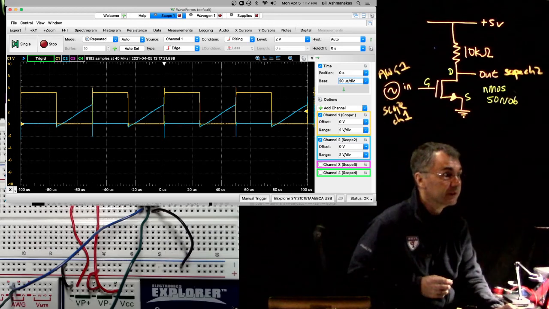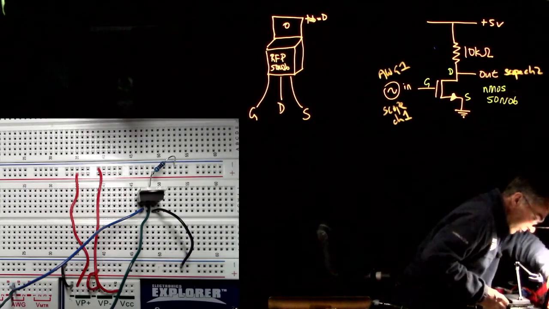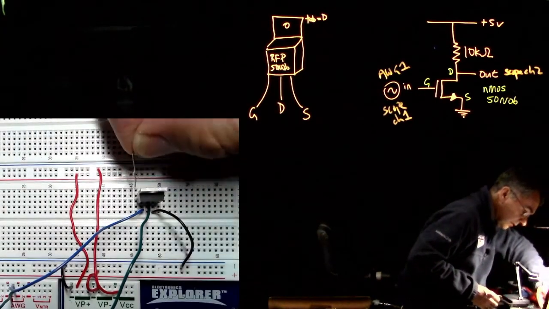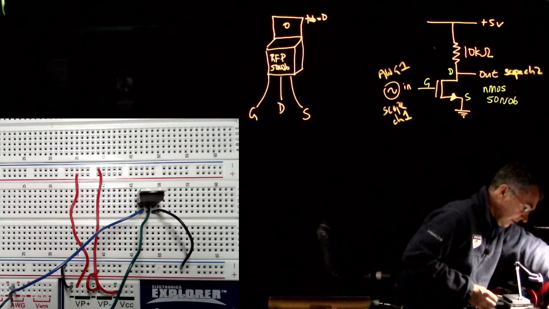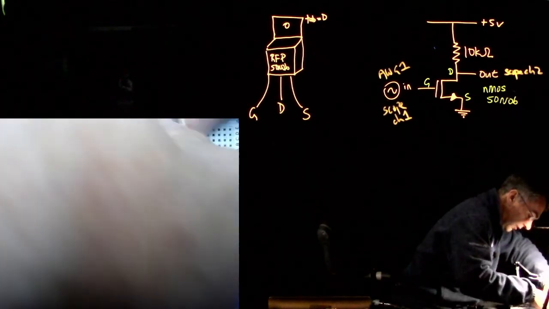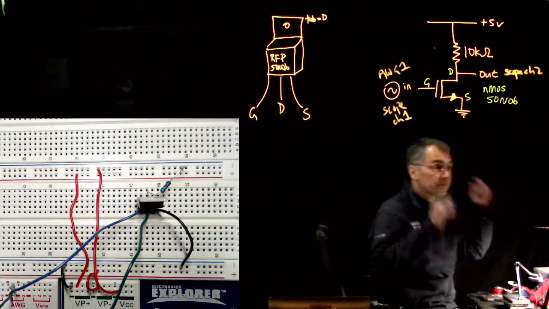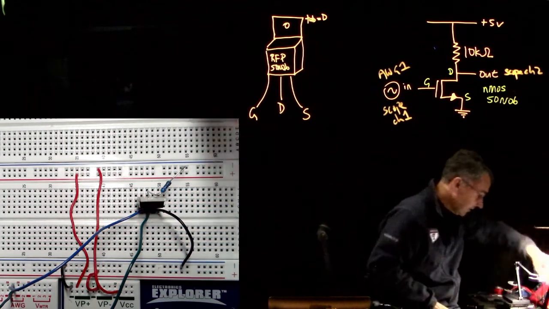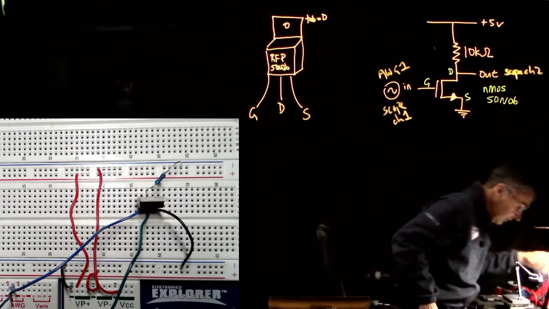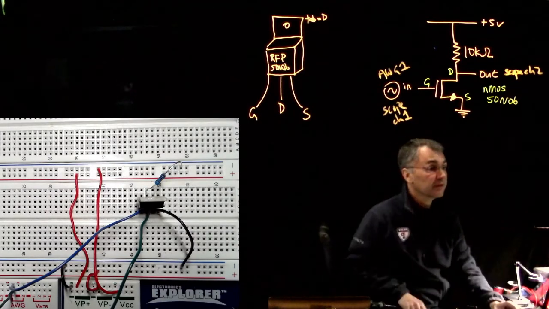Let me do it in such a way that you can watch. All right, so the 10K resistor comes out. I'll put a 1K resistor there. And so it's going from the drain, which is the middle pin there, to plus 5 volts.